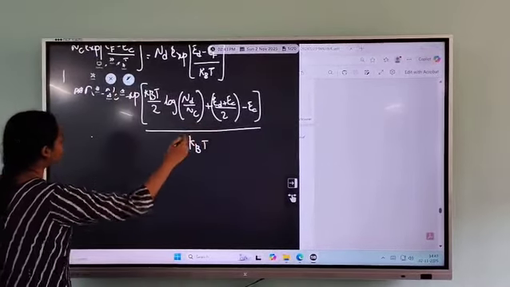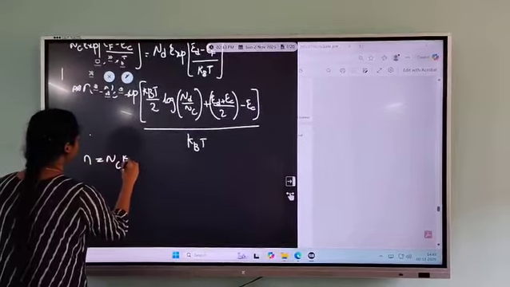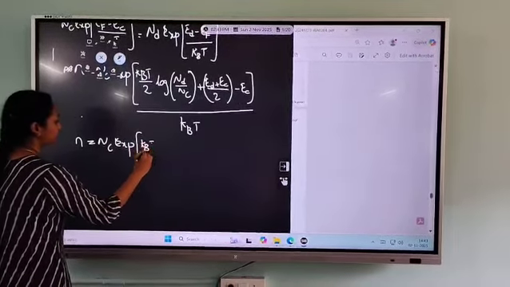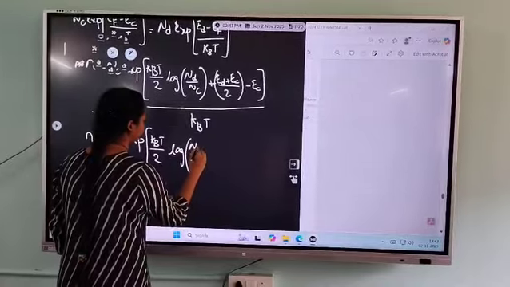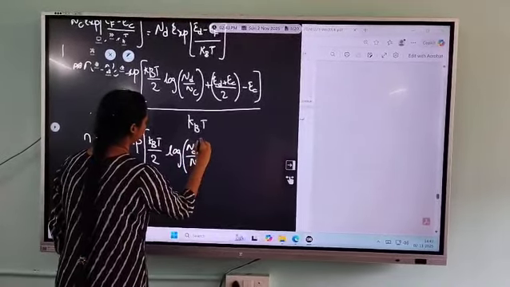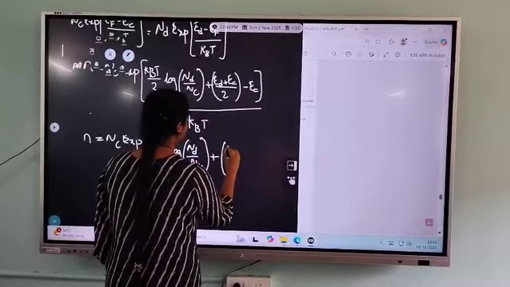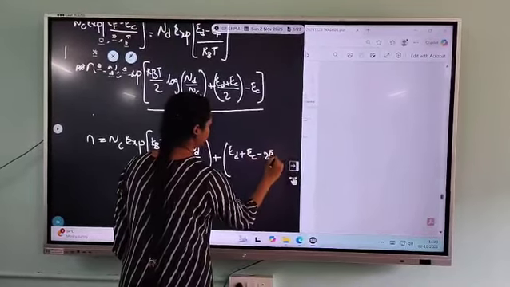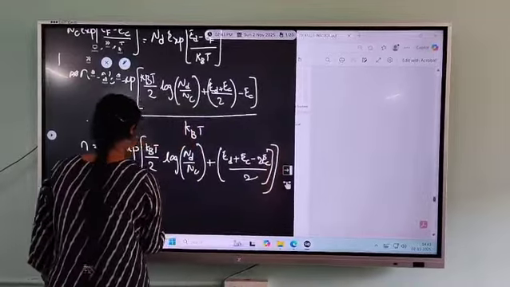We take 2 as LCM, and then n is equal to Nc into exponential of kBT by 2 log of Nd by Nc plus Ed plus Ec minus 2Ec by 2, whole by kBT.